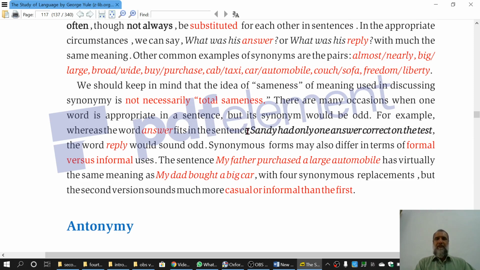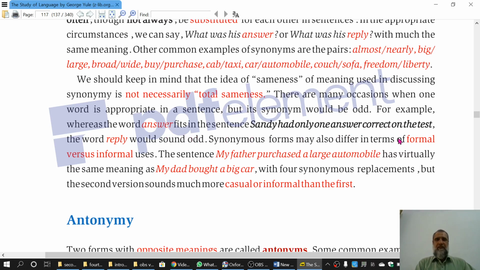For example, if you take this word answer in this sentence, Sandy had only one answer correct on the test, and in this sentence the answer is quite correct. The word reply, if used here, would sound odd and strange, so that would not be correct.